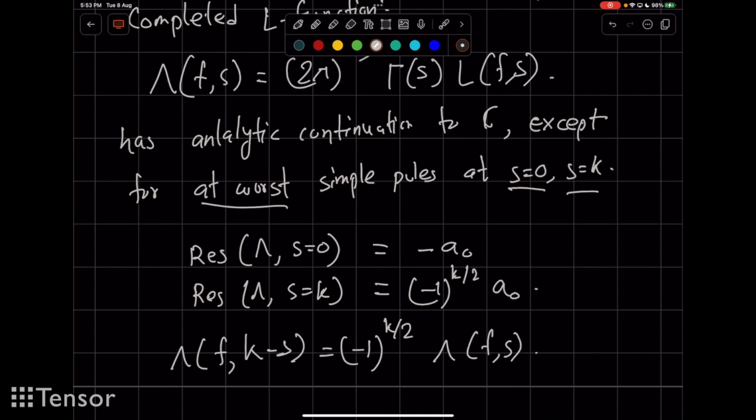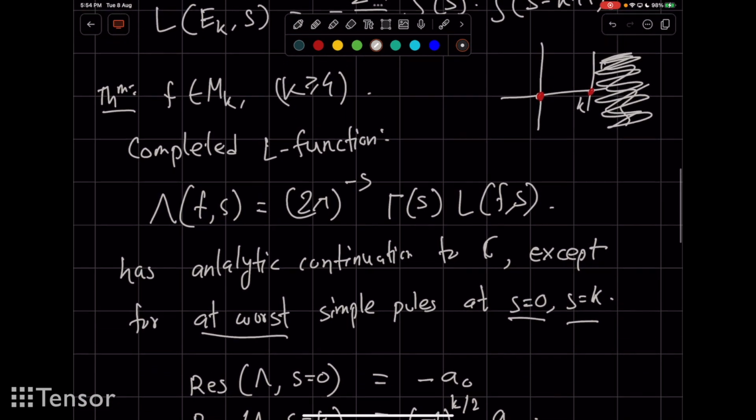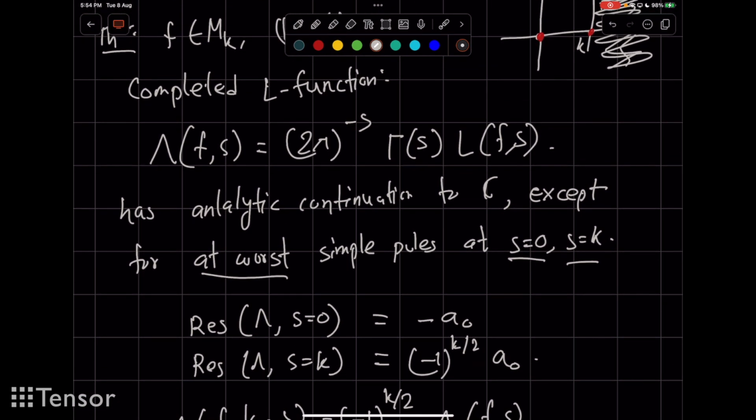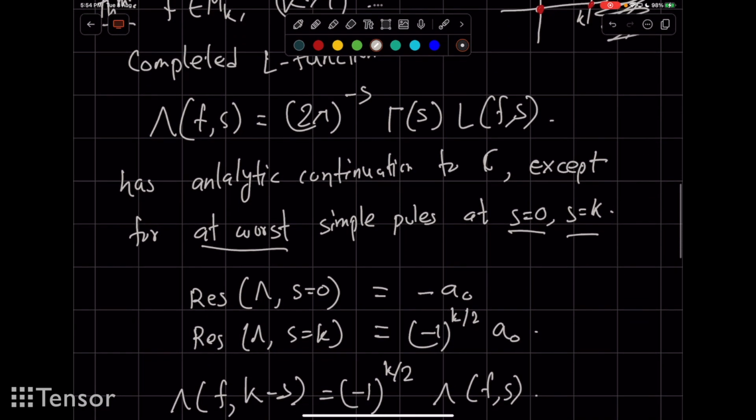Here k is an integer, right? Yes, k is an even integer. We proved that modular forms of odd weight are basically the constant zero function, so the only interesting modular forms are of even weight greater than or equal to 4.